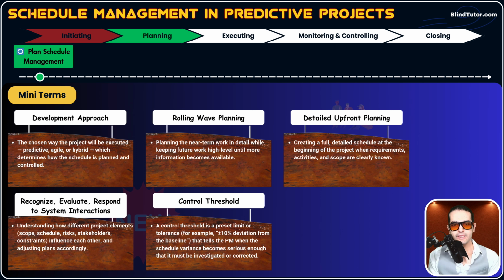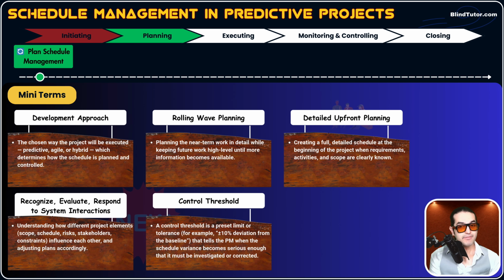That tells the PM when the schedule variances become serious enough that they must be investigated or corrected. Guys, for example, one work's timeline is 100 days. We need to complete that work in 100 days, okay? We know, and in the schedule management plan, which is the how-to guide for a schedule, we go and check the control threshold for this work. It says plus minus 10%.